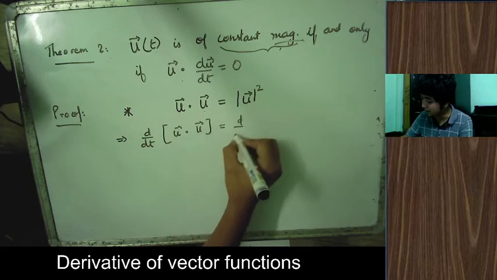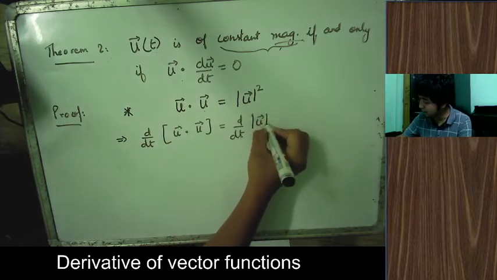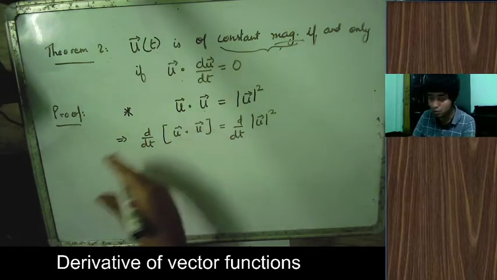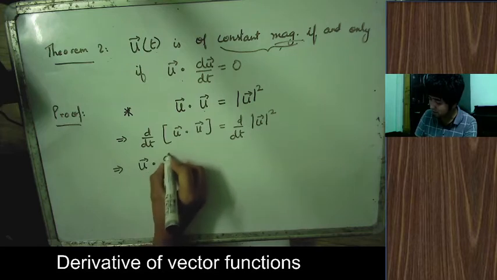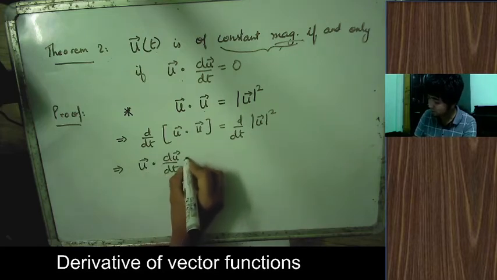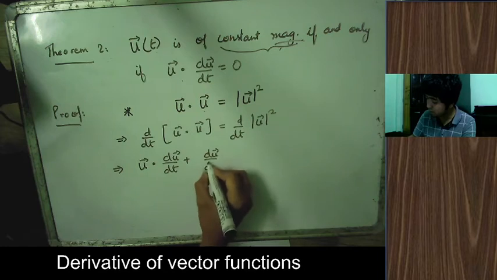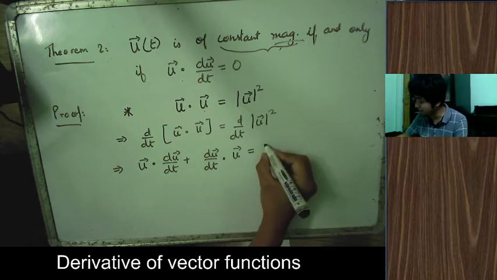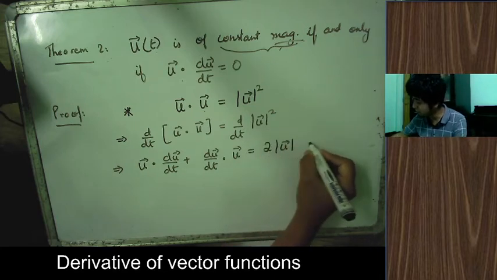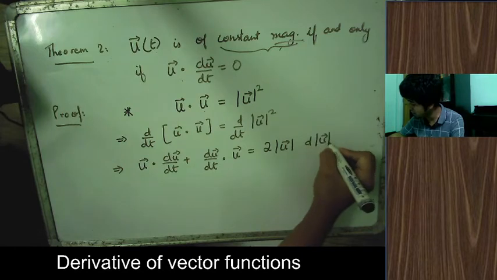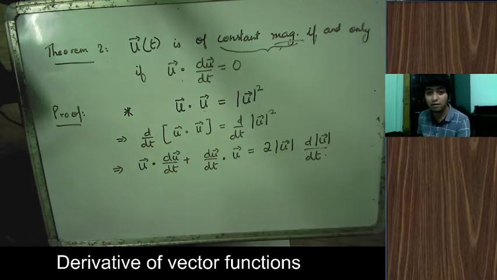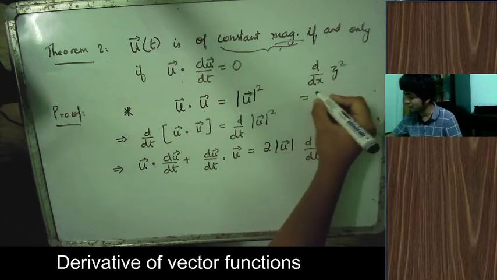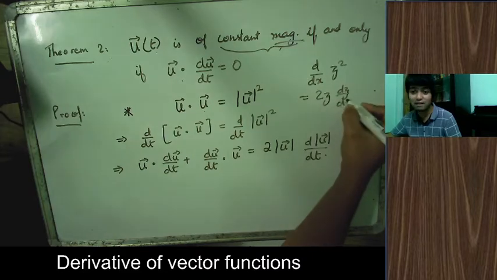So you will be having d/dt of magnitude u squared. If you differentiate the left side, you can use the formula for dot product derivatives. So you'll be having something like this, plus du/dt dot u. Differentiation of the right side gives 2 magnitude u d|u|/dt. If you remember, d/dx of z squared gives 2z dz/dx.